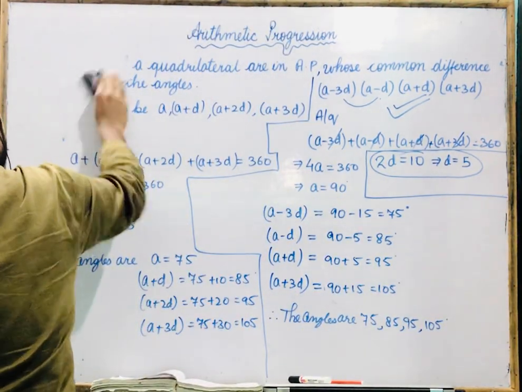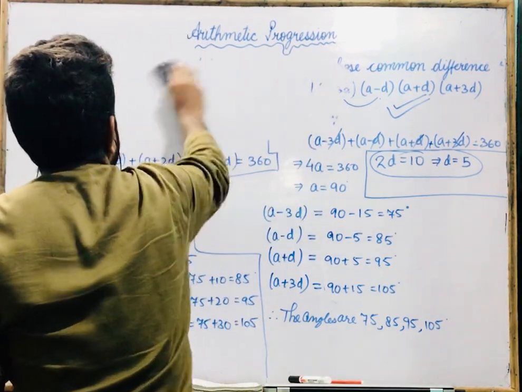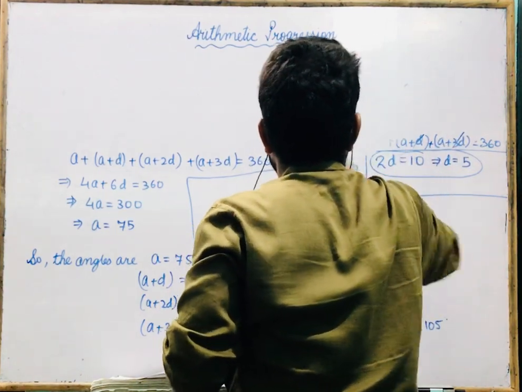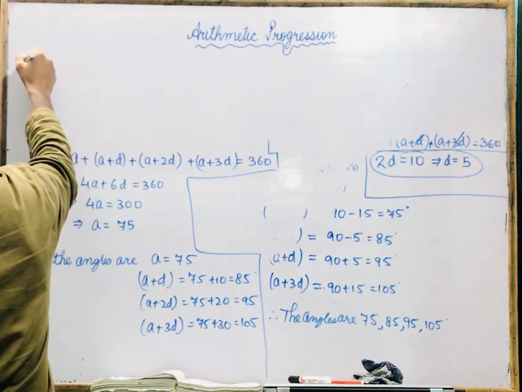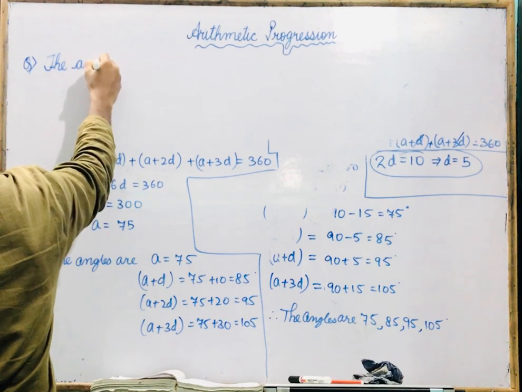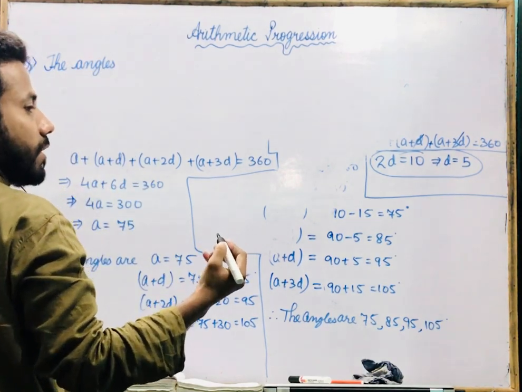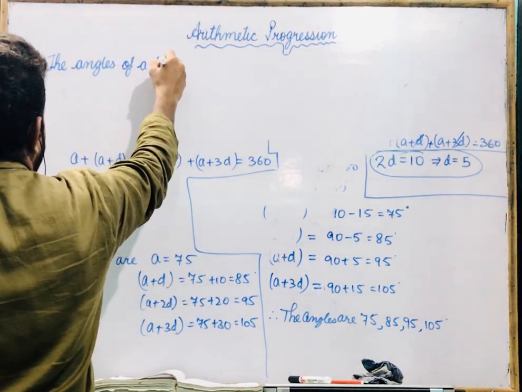Now the next question. एक ज्योमेट्री में तुम्हारे पास एक यूनिवर्सल इक्वेशन पहले से रहता है, सम ऑफ ऑल द एंगल्स का.